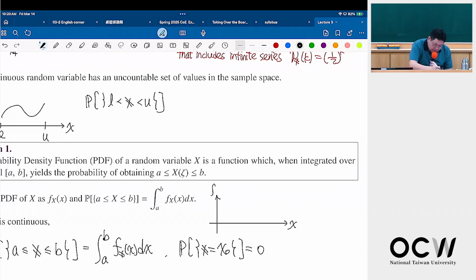If we plot the PDF from A to B, this is the area.